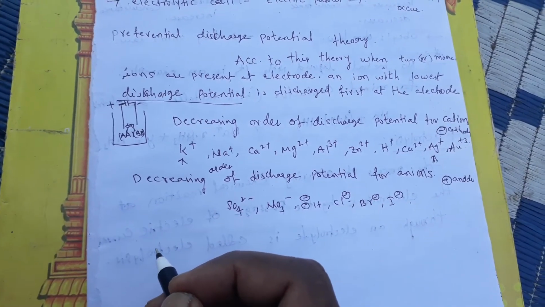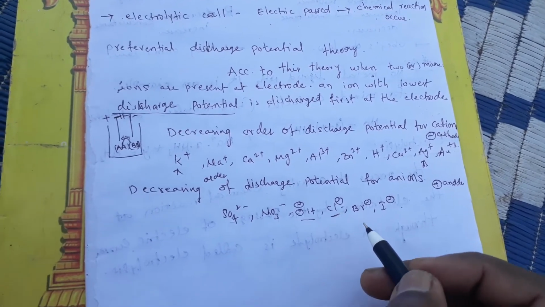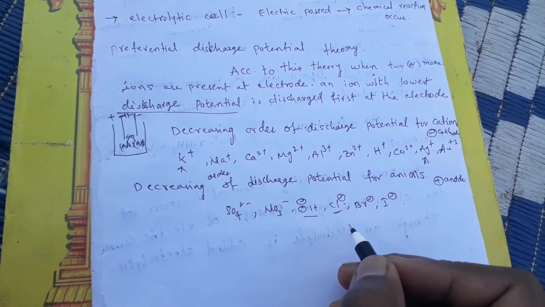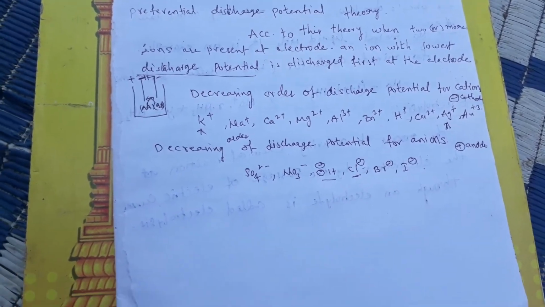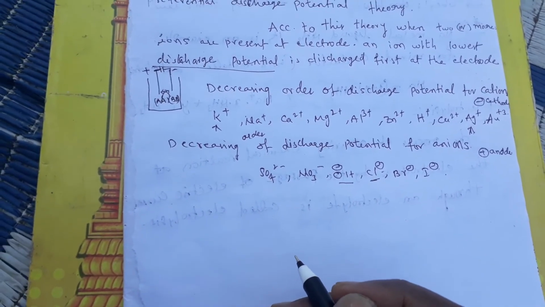If OH minus ion and Cl minus ion are there, which one discharges first? Cl minus ion will discharge first, since the lowest discharge potential is discharged first at the electrode.